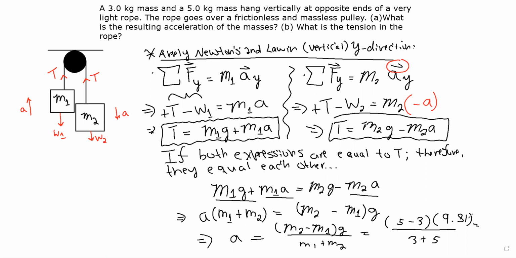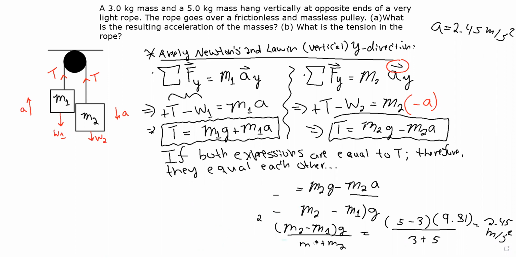So we get about 2.45 meters per second squared. And of course, that's the acceleration of both masses because they're connected by a cord, so they move as one.